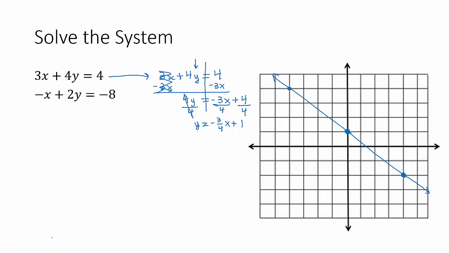The second equation, we also have to get in slope-intercept form. So I'll balance that second equation, first getting the x out of the way by adding x to both sides. And we get 2y is equal to x minus 8. Get the y alone by dividing by 2.